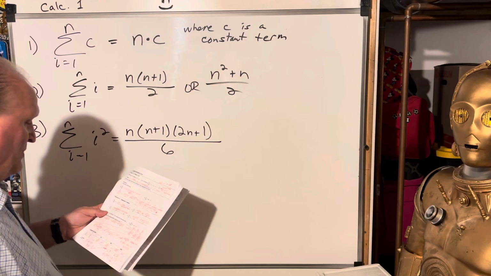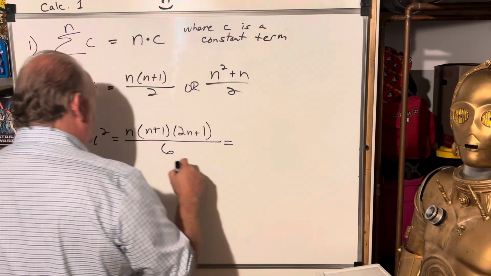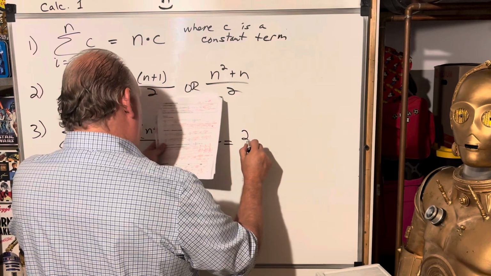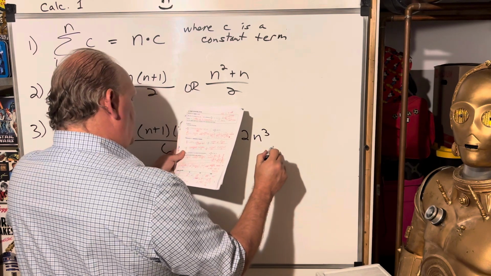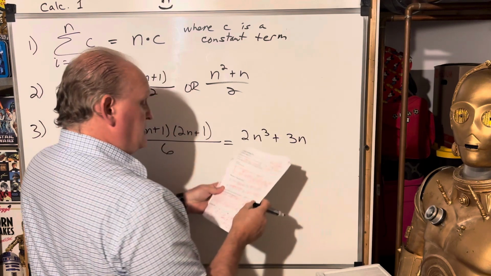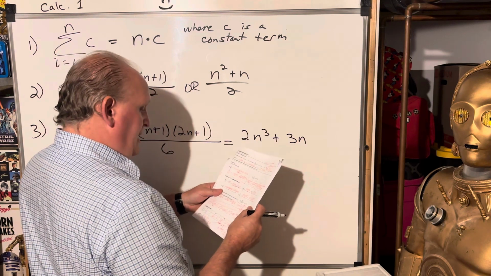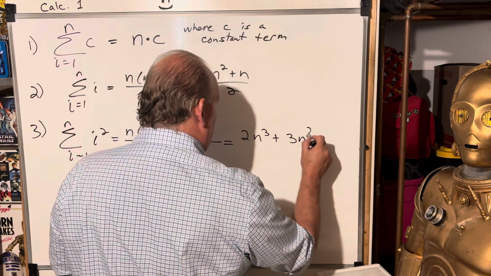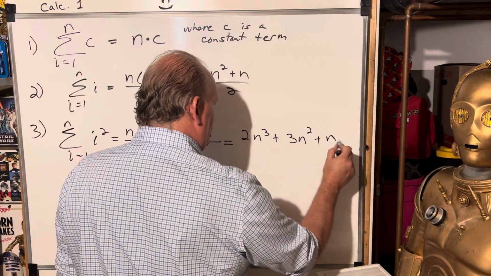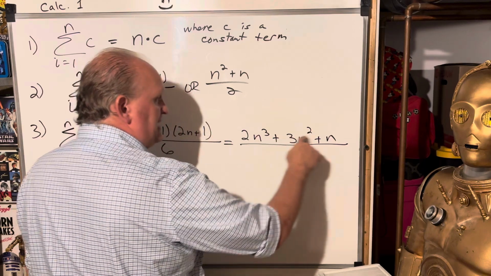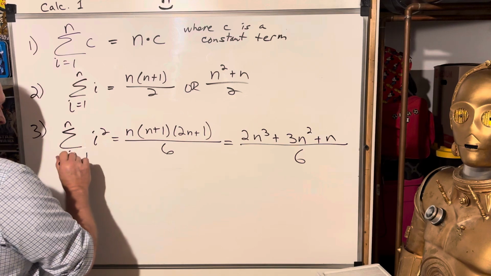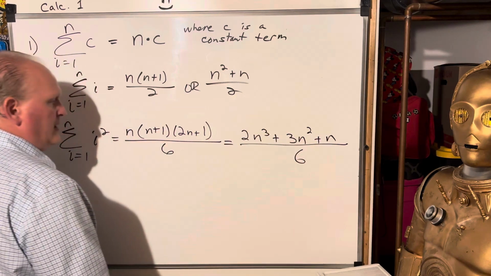So it's a little more complicated, but again, if you multiply all that out, we'll see this later in the note packet here, when we have something squared that's doing the summation, we're just going to do 2n to the third plus 3n squared plus n all over 6. So you're going to see this pop up, and we're just going to put in the n number on the top and just throw it in there.